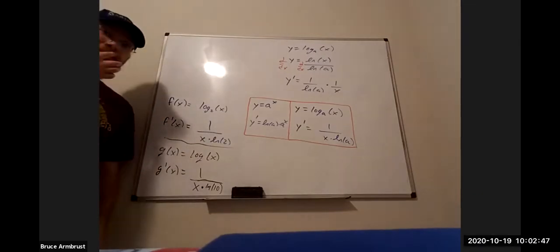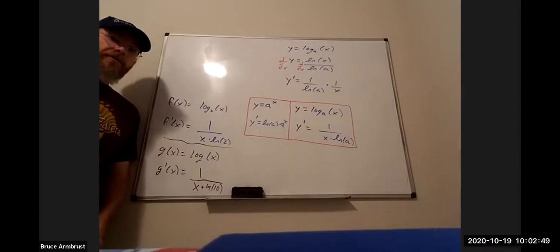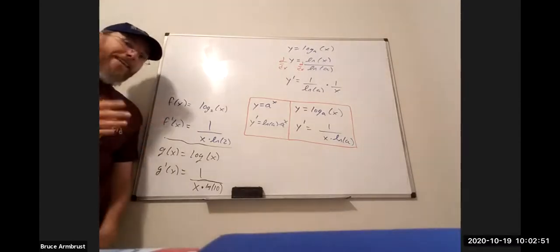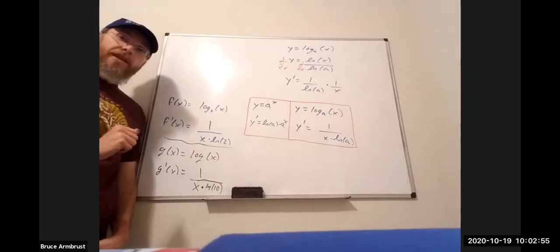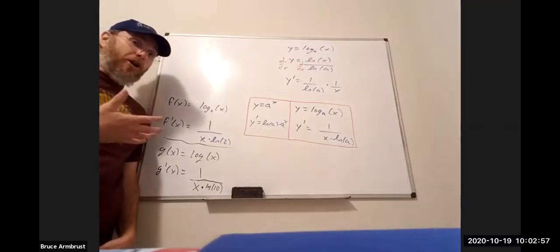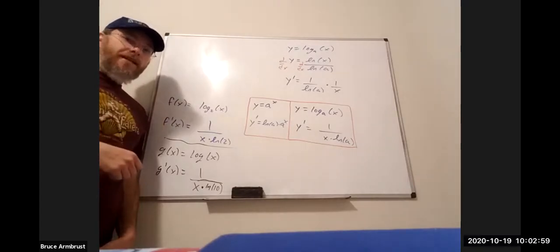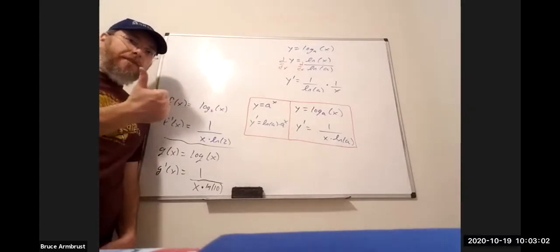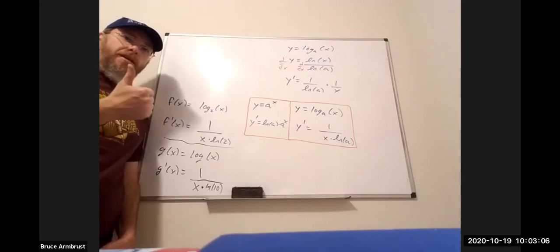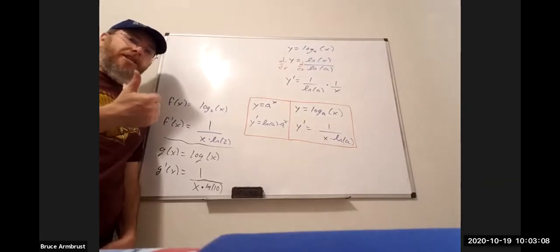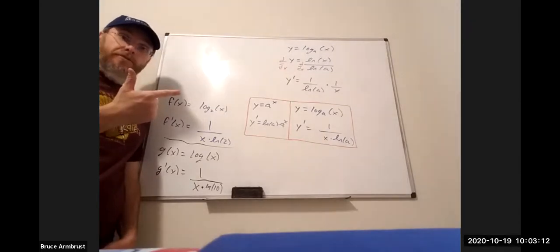All right, there you go. There's now the derivative of logarithms. Let's add that to our list of functions we know how to differentiate. Let's recap where we are now. You know how to differentiate any kind of polynomial, because that's just a bunch of power rules. You know how to deal with radicals, roots.